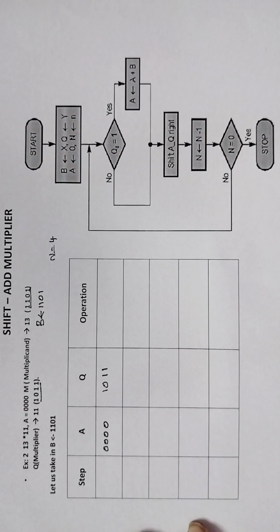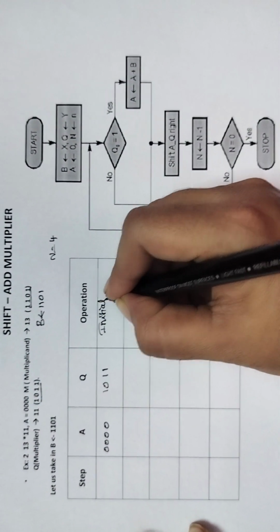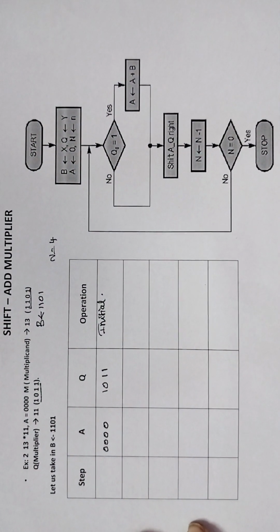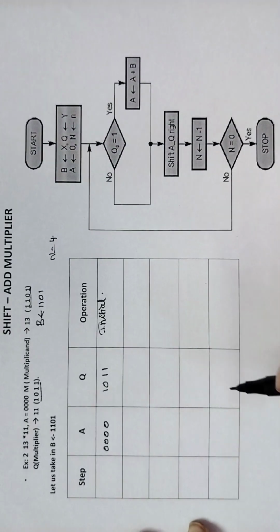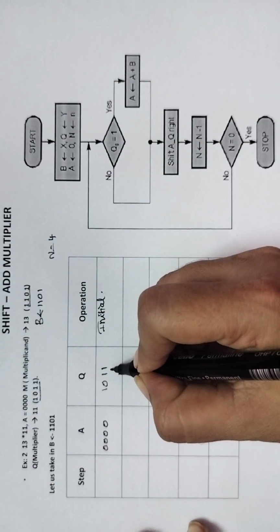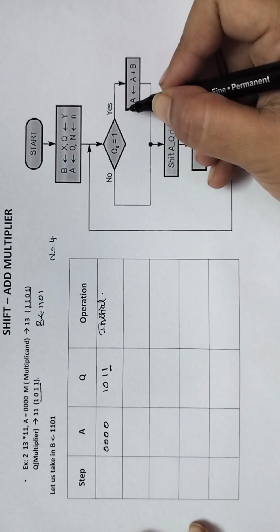Right. So now we'll start the process, the initialization. This is the initial step. After initialization, we have to check the value of Q0, whether Q0 is equal to 1. Yes, Q0 is equal to 1. So when Q0 is equal to 1, what do we have to do?